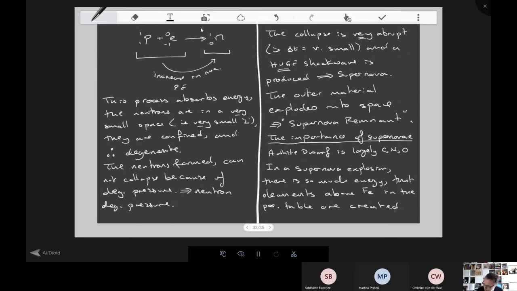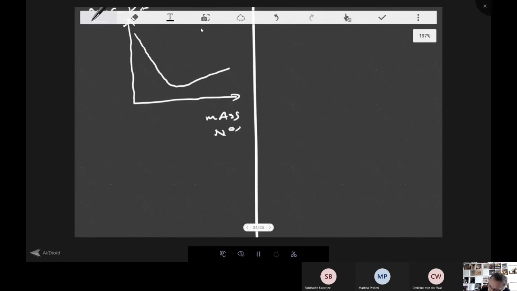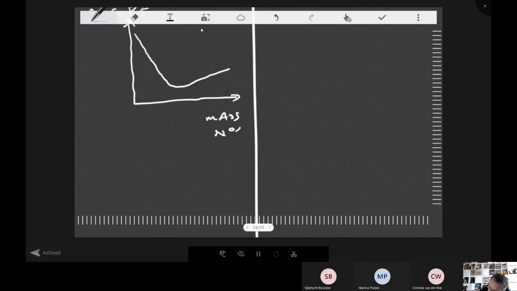Now I remind you, just as a small aside here, if we were to plot nuclear potential energy against mass number, then it looks like this. And the universe is trying to reduce this.